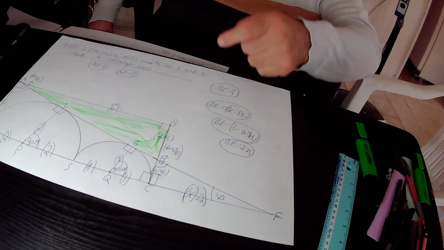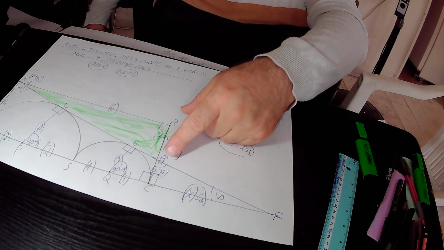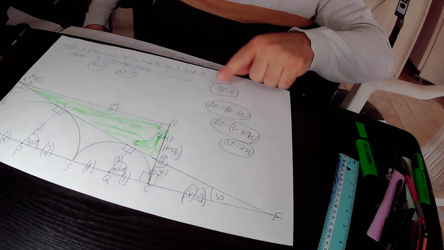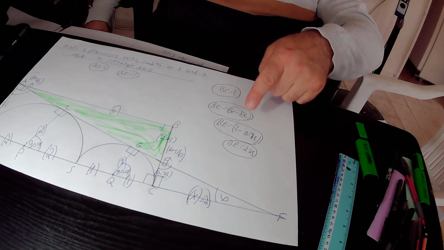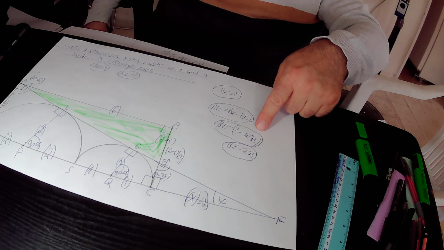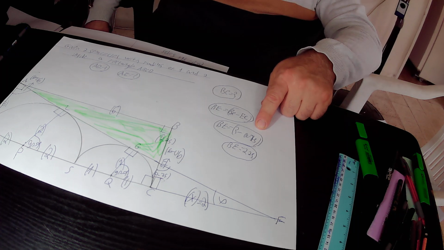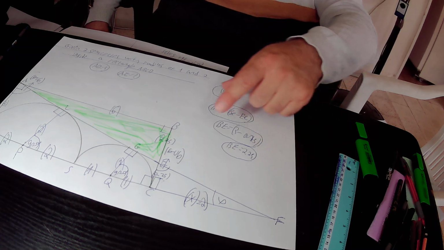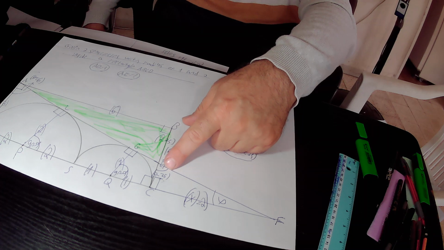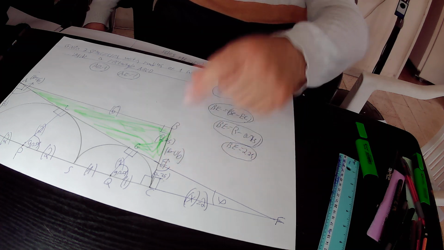From the drawing, it is easy to see that BE equals BC minus EC. So BE equals 3 minus 0.75, that is 2.25 units.